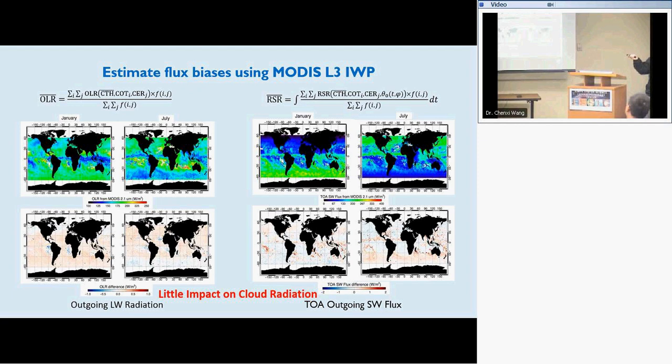If you look at the flux, that can be maybe 20 watts per square meter or even larger. So this 0.5 watts per square meter is very marginal.